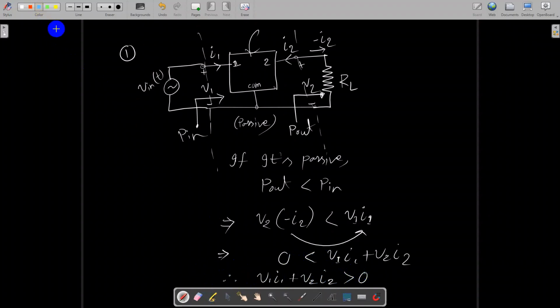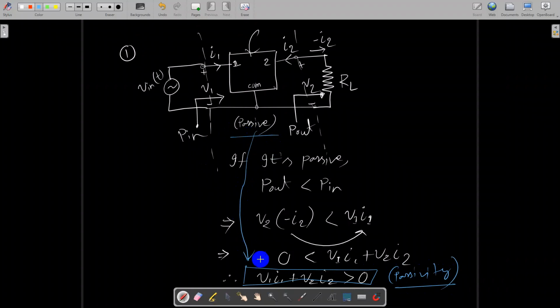So that's the thing. So this is the definition, passivity from Chua. If I tell you this is passive, it means V1 I1 plus V2 I2 will be greater than 0. If it's negative, then it is active. Okay, next.